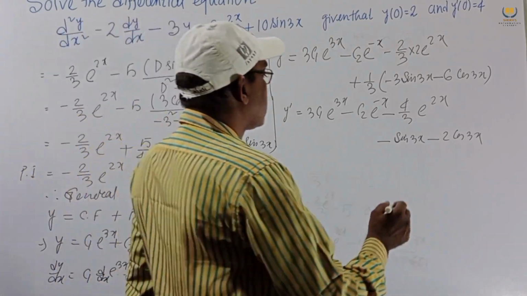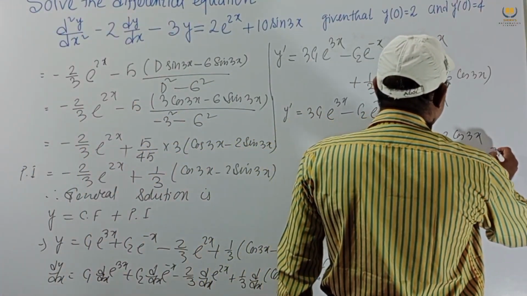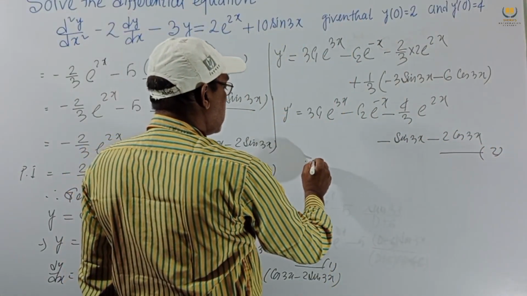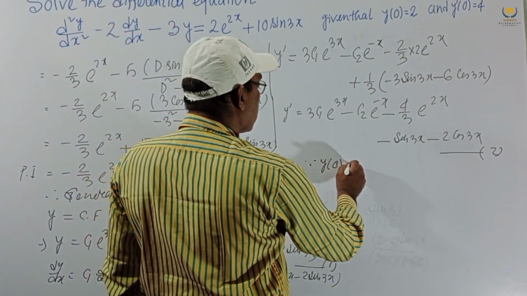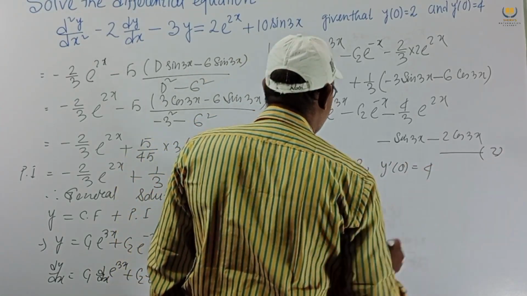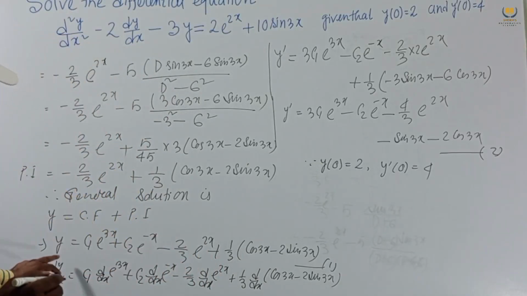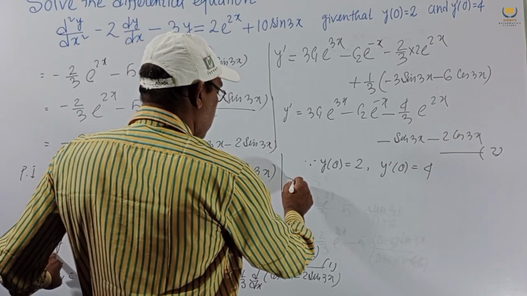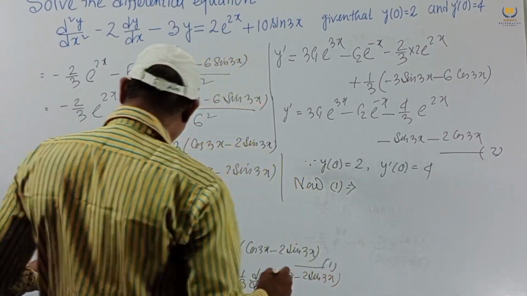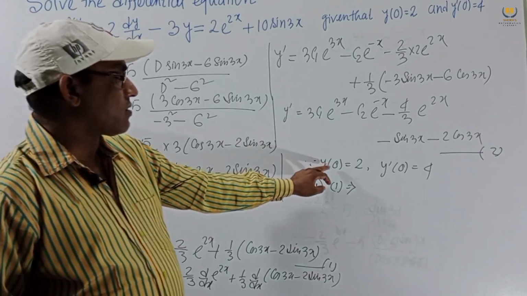Now we consider this is number 2. Our given condition is y(0) = 2, y'(0) = 4. In y(0) we put x equal to 0. Now 1 implies, when x equal to 0, y equal to 2.